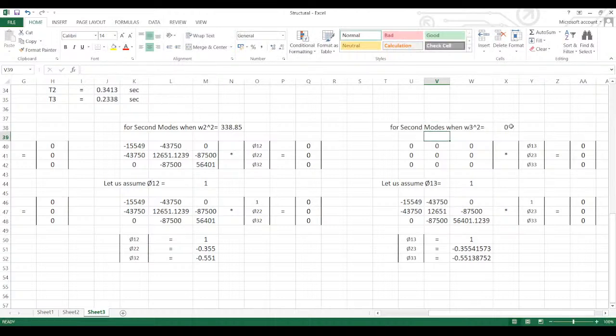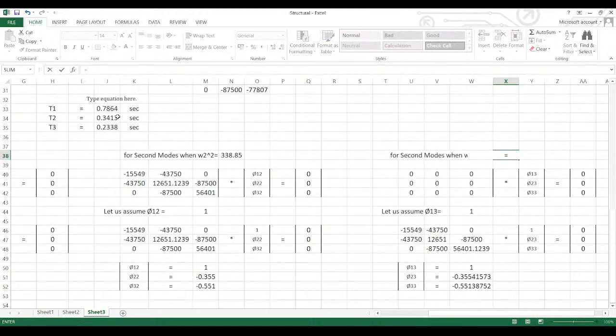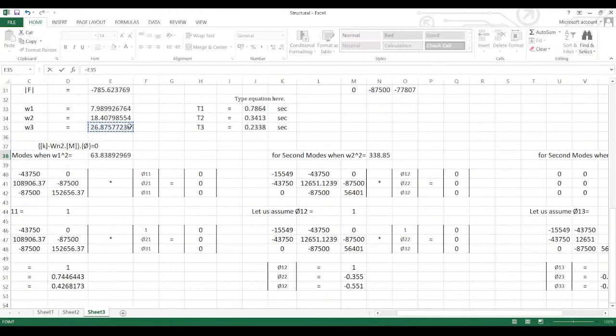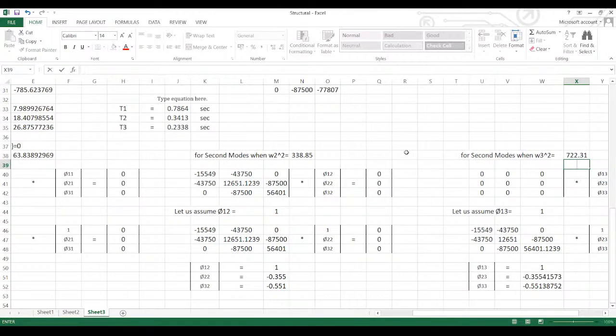Omega 3 is equal to omega 3 square is equal to this into this into omega 3 square.